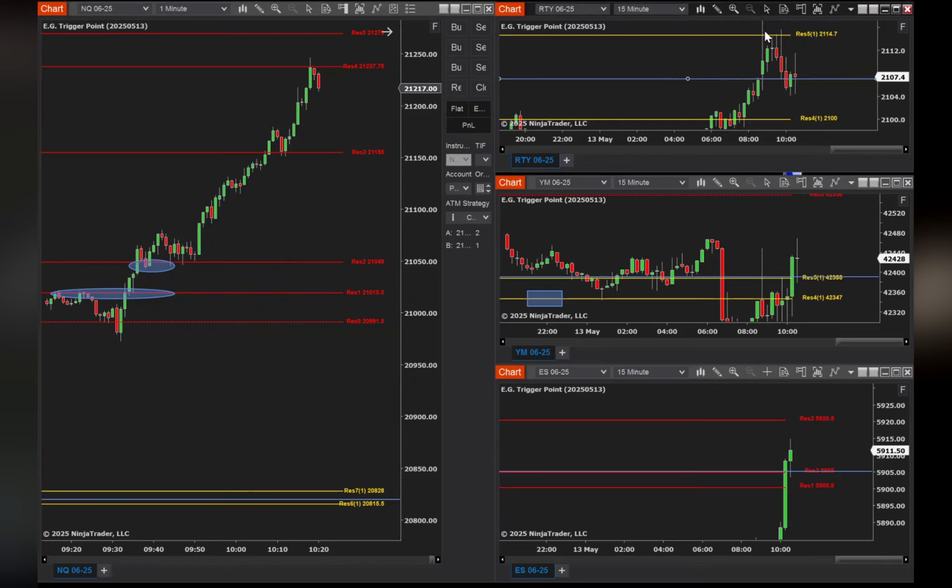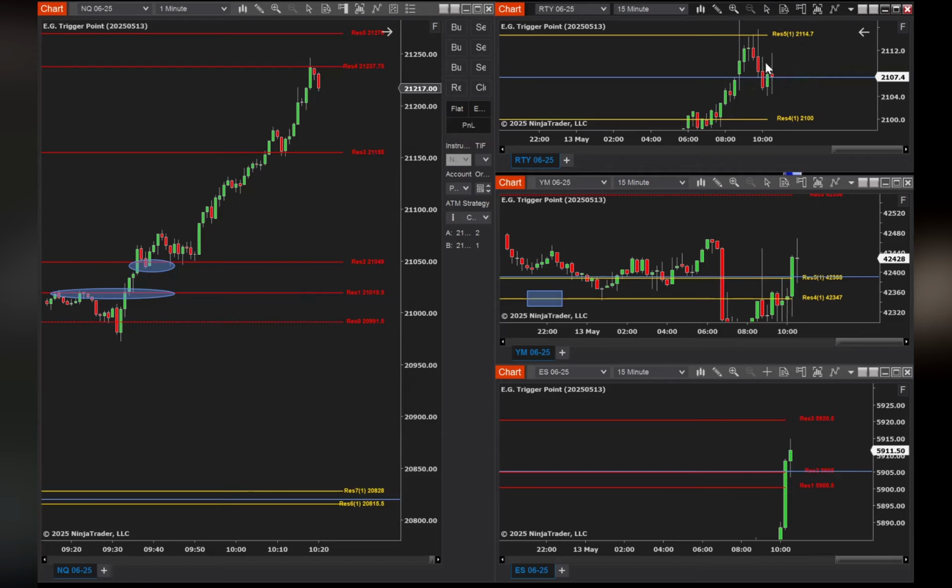Yeah, it bounced off resistance, and now RTY is here. What RTY did until this point has nothing to do with what RTY is going to do from this point to go up. This is the lagging behavior, the lagging observation I spoke about.